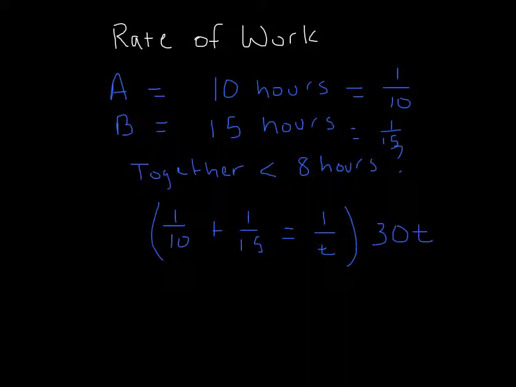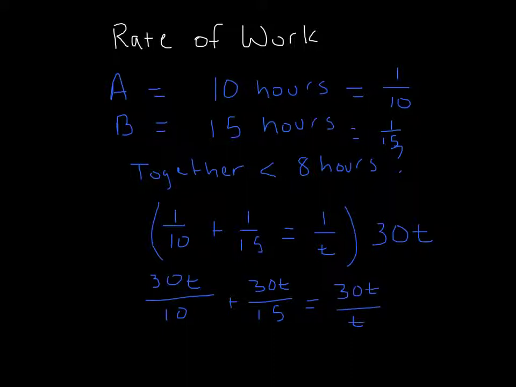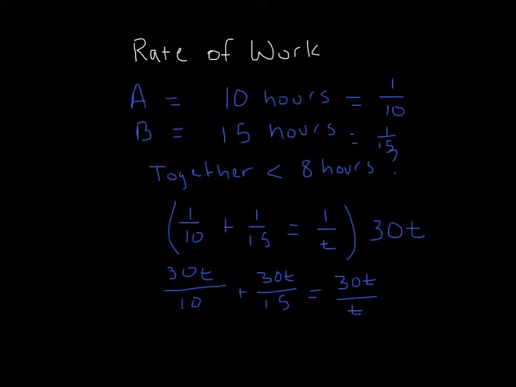So if we multiply everything here by 30T, we have 30T over 10 plus 30T over 15 equals 30T over T. Okay, and if we do some canceling, let me shrink this up just a little bit.